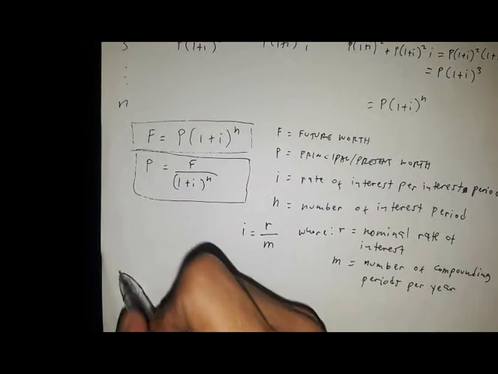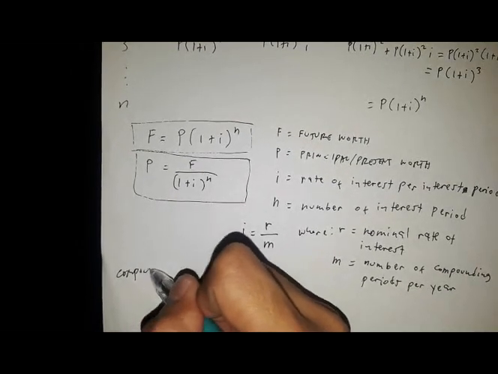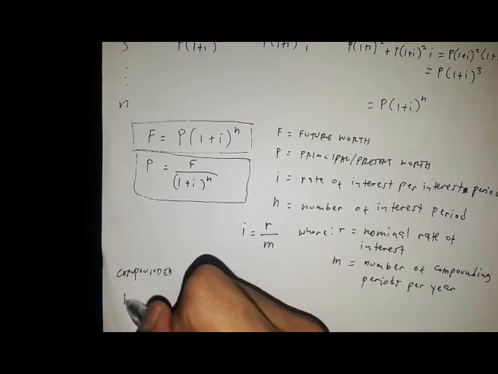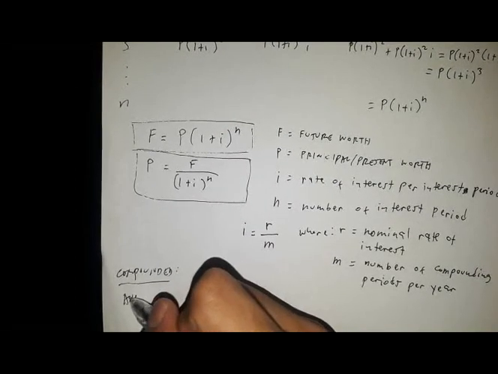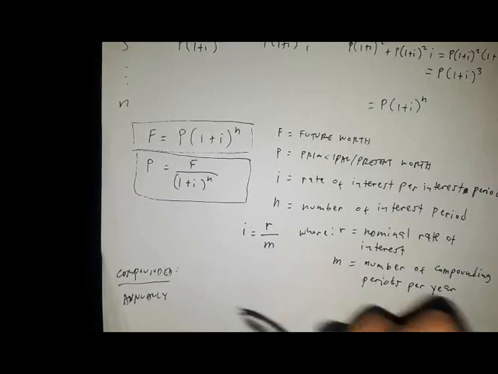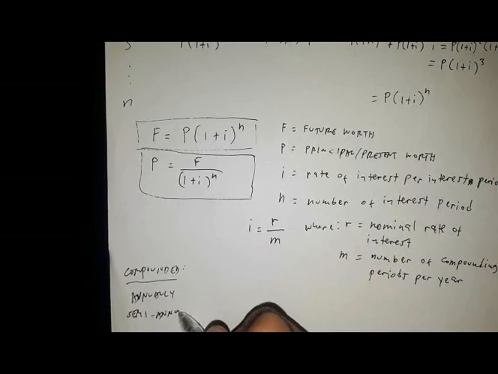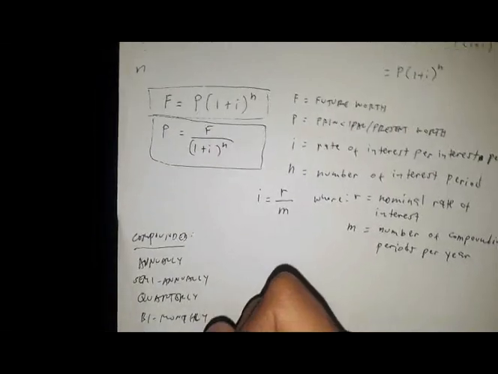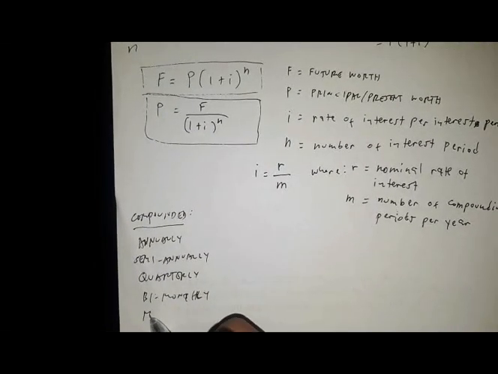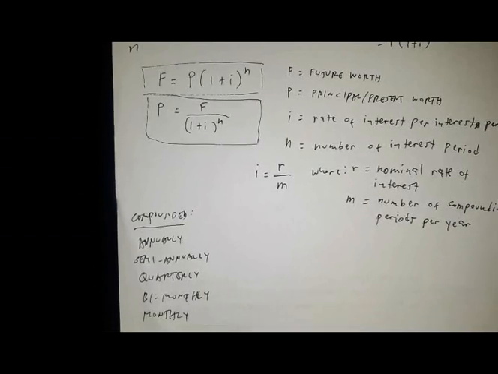So it can be either compounded annually, semi-annually, quarterly, bi-monthly, or monthly.